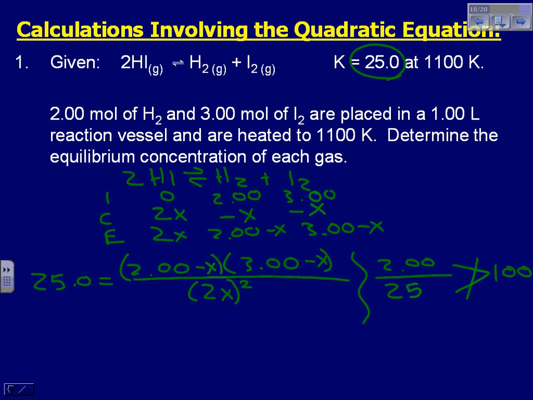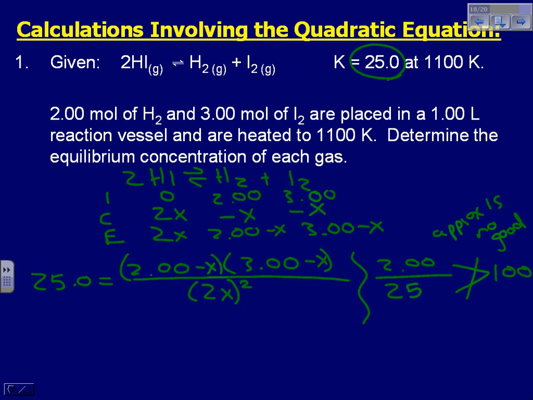It's actually a decimal number of some sort. It's really tiny, right? Therefore, the approximation is no good. And therefore, we have to solve the quadratic.